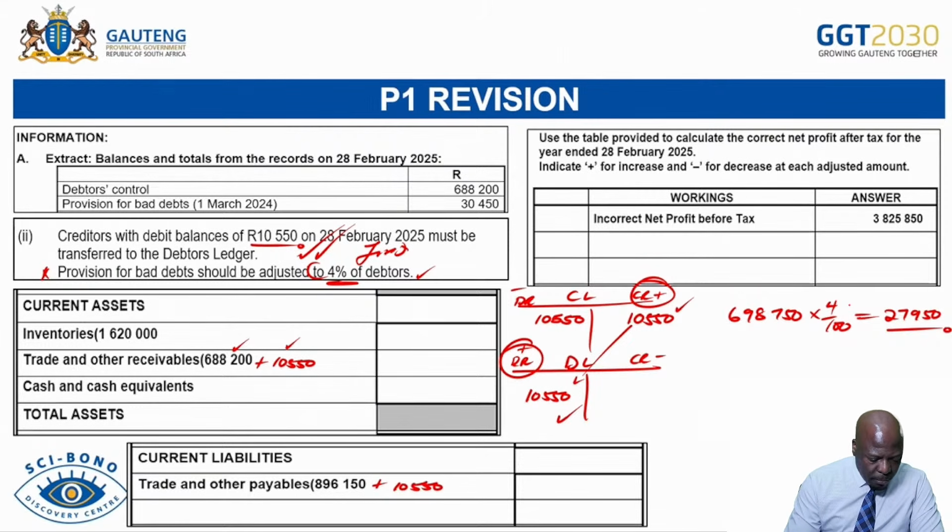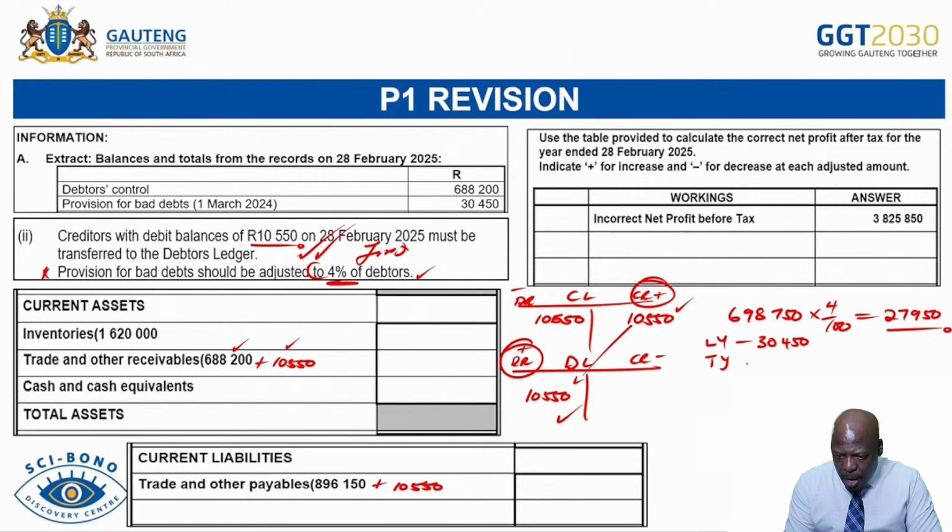27,950. Now, what we're going to do now is to say, in the correct net profit calculation, we need to know whether it's income or an expense. So we need to compare last year's provision and this year's provision. And last year's provision for bad debts was 30,450. And this year's provision is 27,950.